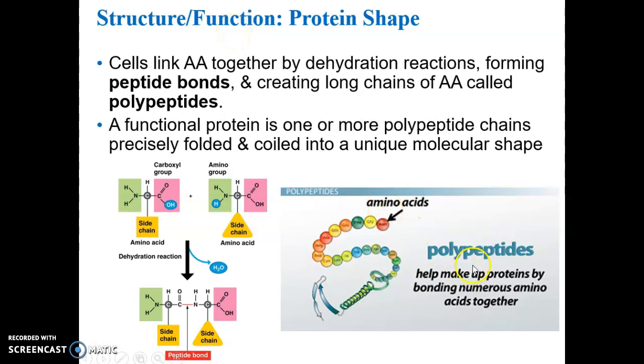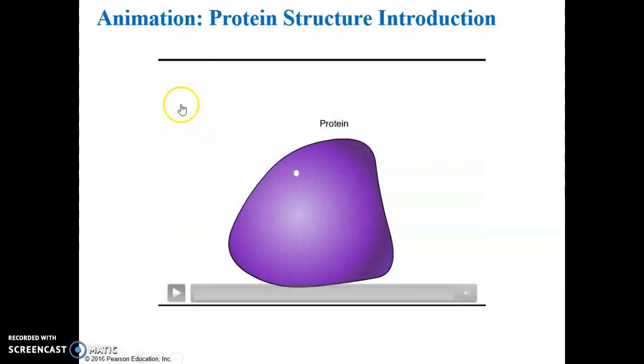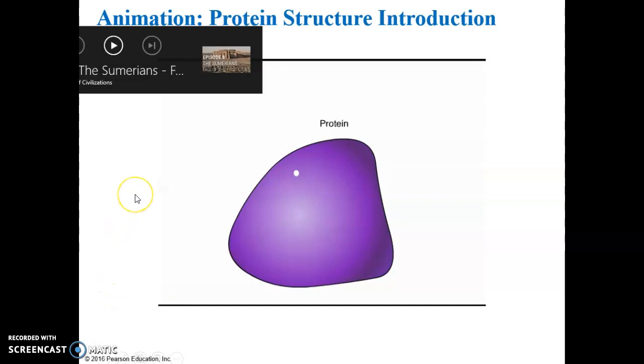Some proteins are made up of multiple polypeptide chains. For example, hemoglobin in your red blood cells that transports oxygen is made up of 4 separate polypeptide chains. It forms a nice big globular functional protein, the hemoglobin protein. So let's look at protein structure. Most proteins are folded into a complex globular shape.